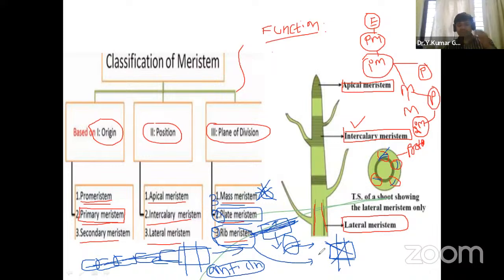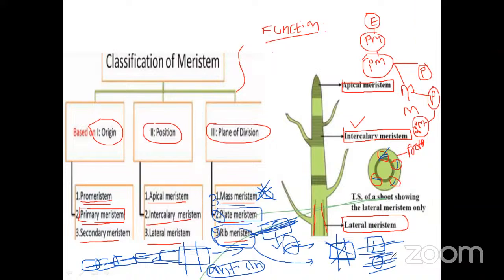Now rib meristem, periclinal division. What happens during periclinal divisions? The layers increase: first, second, again periclinal division, third. The number of layers increases, not the surface area. What is next after epidermis?